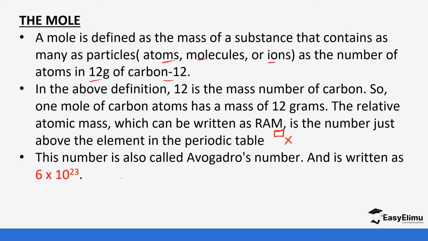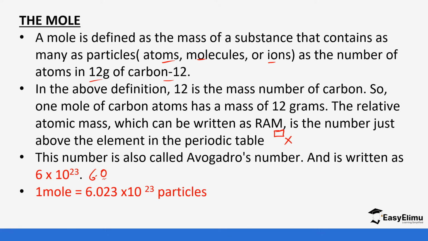Some other books write 6.0, so it's just the decimal, but it's a whole number, 6 times 10 power 23. So what we have discussed from the definition is that 1 mole of any substance contains 6.023 times 10 power 23 particles.